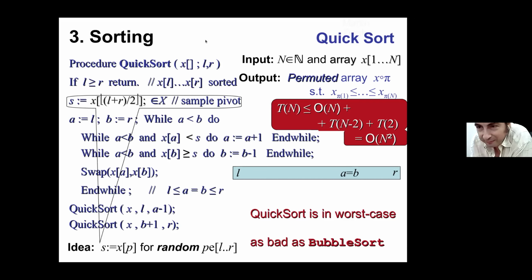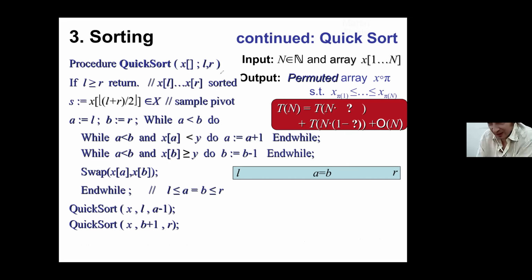And to fix this, we said, let us assume that we can choose this pivot element so that this piece and this piece are at least epsilon times n, where epsilon is a fixed constant.